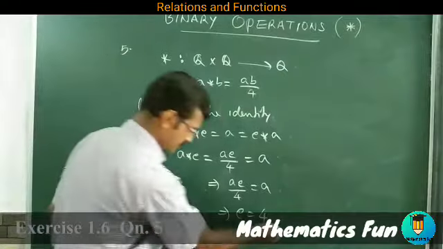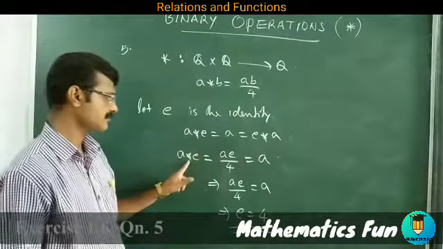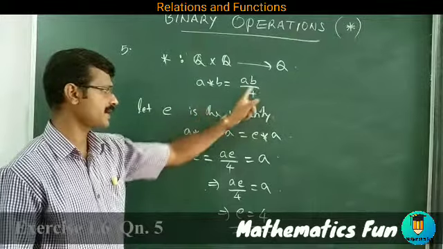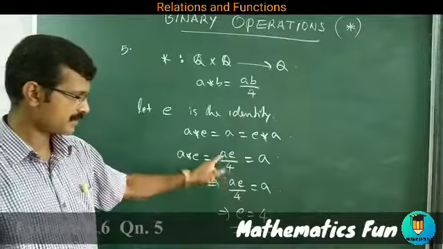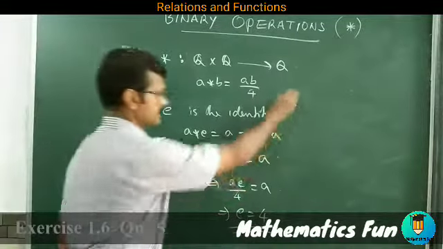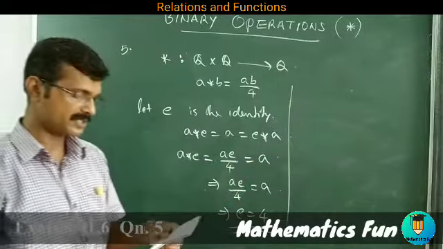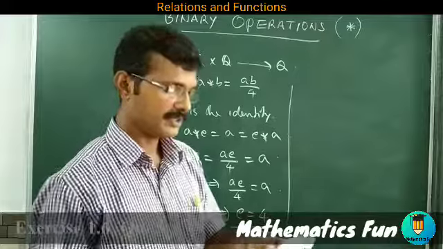So I went for A star E, which by definition is AE by 4, and that is equal to A. I cancelled A, and E is equal to 4. So E is the identity, that is 4. It has 4 as the identity, that is over.